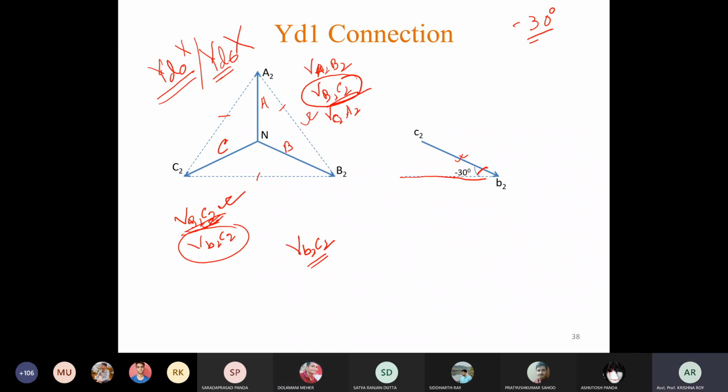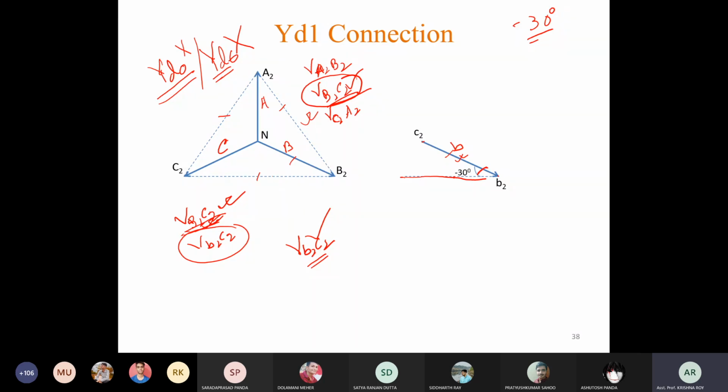Yes, sir. Angle between this one and this one is 30 degree, minus 30 degree. Okay, so that is why this line is drawn here. So this is B2 and this is C2, right? And also see, this line is in parallel with this line. That means if this is B phase, then this has to be small b phase. Phase voltages are always parallel to each other because they are having 0 degree phase displacement.